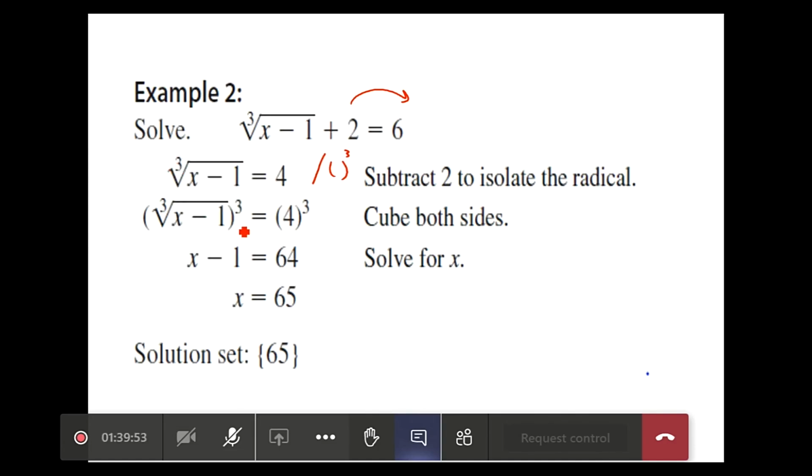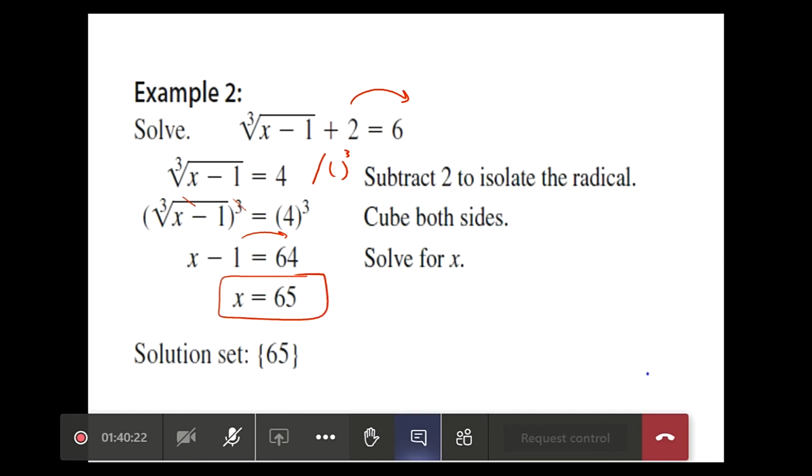So remove this one, and 4 to the power 3, remove the power 3 with the cube roots. So we put x minus 1, and 4 to the power 3 equal 64. 4 multiply 4, 16. 16 multiply 4, 64. Okay? And move the negative 1 to the other side, so we have 64 plus 1.